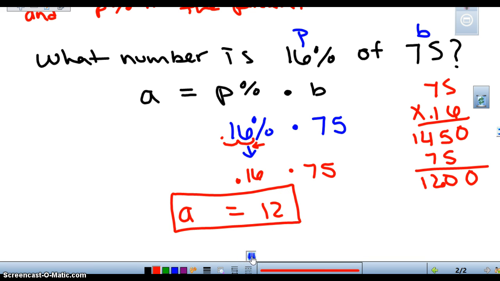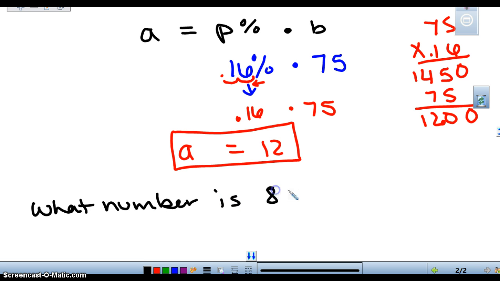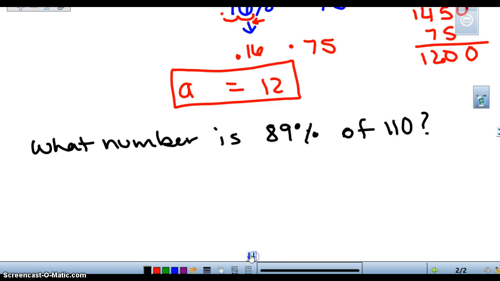Can we try this again? Okay. What number is 89% of 110? What do we have to do? Again, our equation is A equals P% of B, where A is the part and B is the base, or the whole.